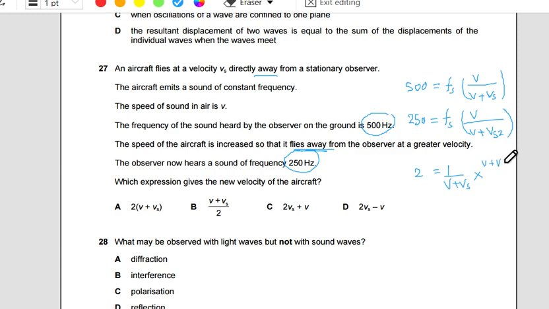Okay, and we can simply make a rearrangement like that. We can get that V plus 2Vs equals Vs2, which is C.